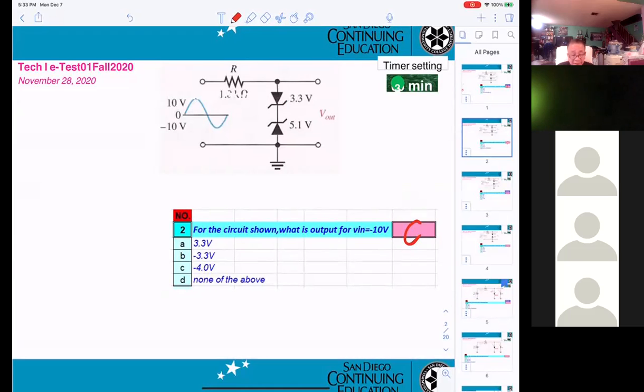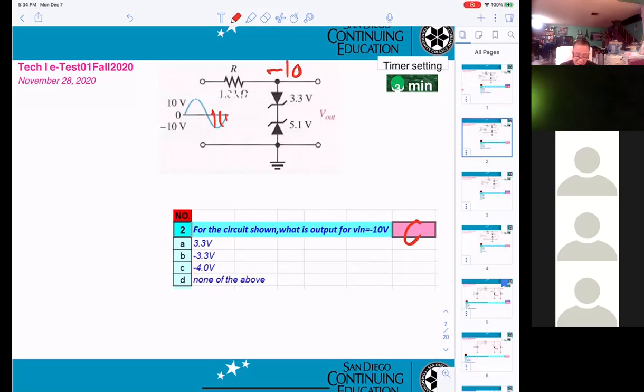Now they apply the negative cycle. It will be minus 10 here. Is that correct? Yeah.